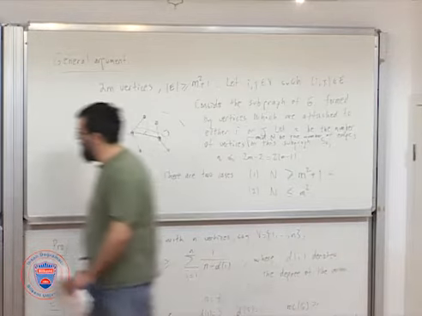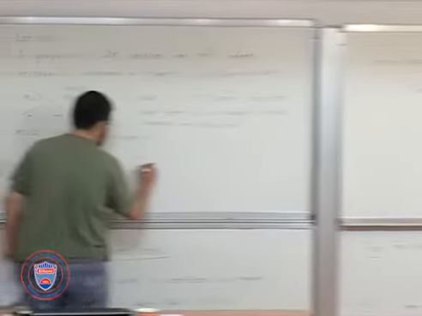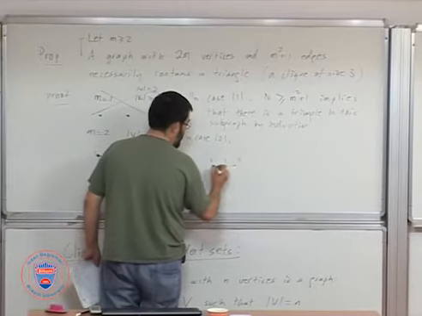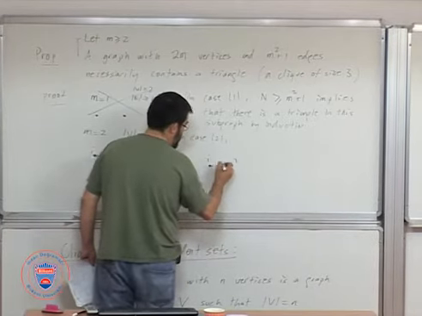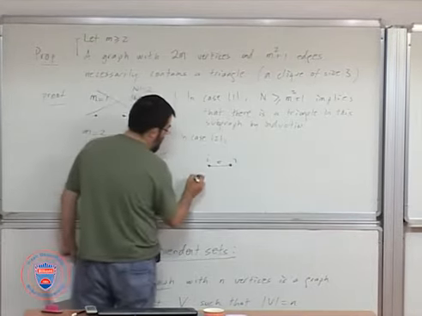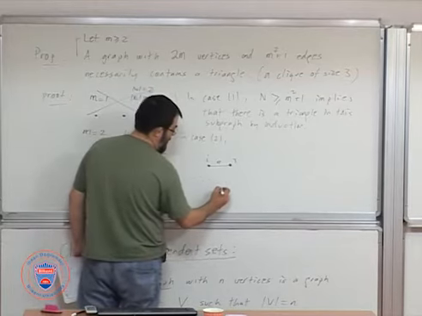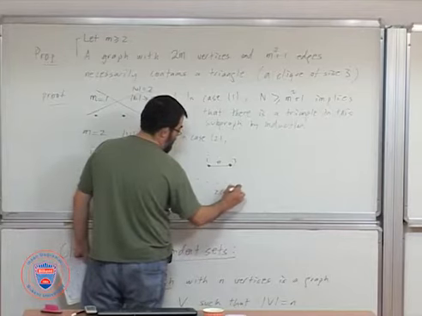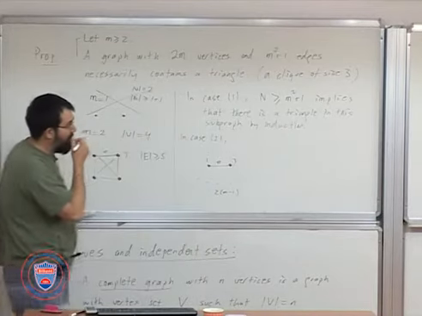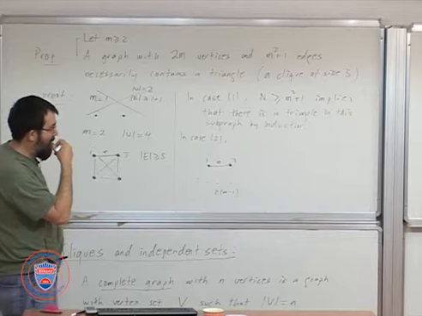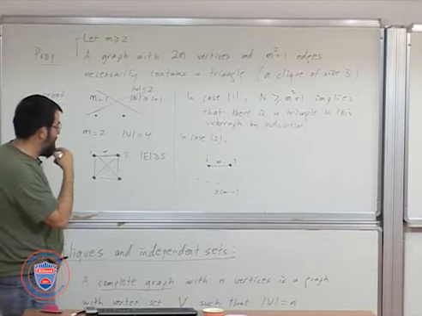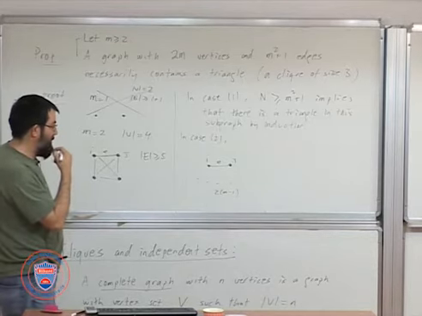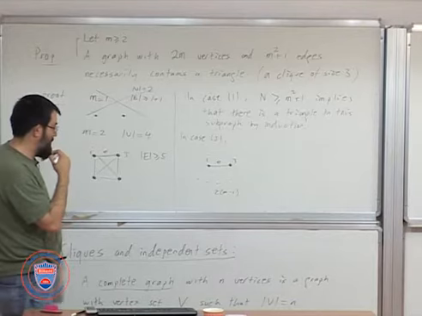We have two vertices, i and j, with an edge between them, and we're looking at the vertices around it, which are 2 times m minus 1 of them. And then we found out that we have less than m squared edges.